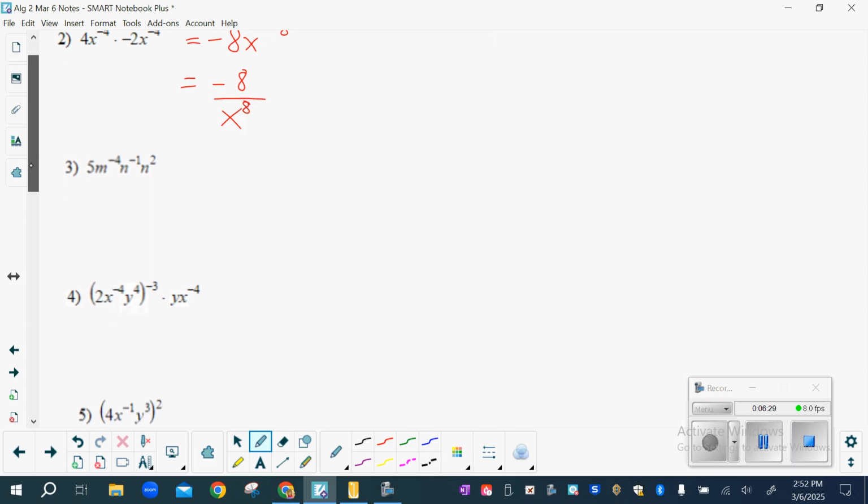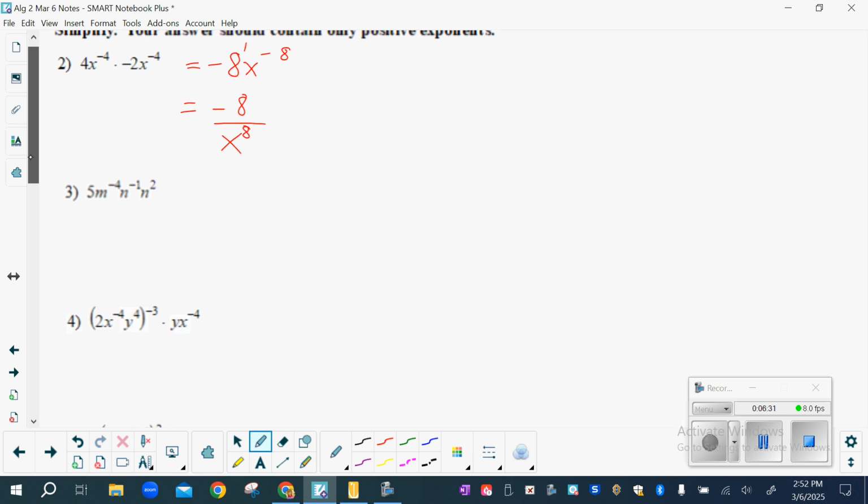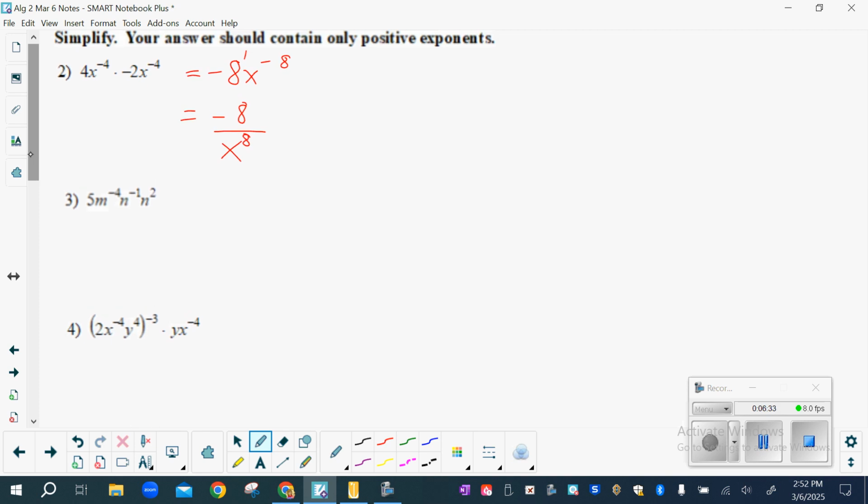Okay, so for number 3, we have some simplifying to do. So this group back here, tell me how to simplify this. We have an n to the -1 and n squared. What do we do with that?